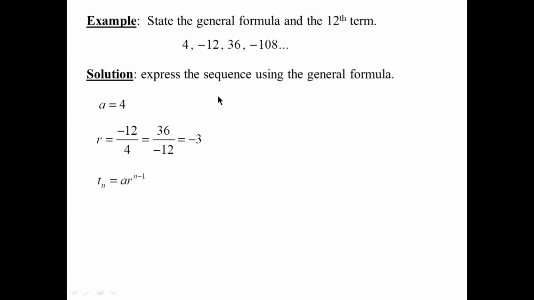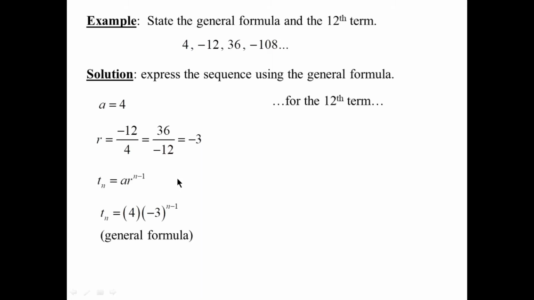So t sub n equals a times r to the n minus 1 was our general formula, and we just plug the numbers in. a is 4, r is -3, to the n minus 1. Please don't go 4 times -3 is 12. We cannot do that because of this exponent n minus 1.